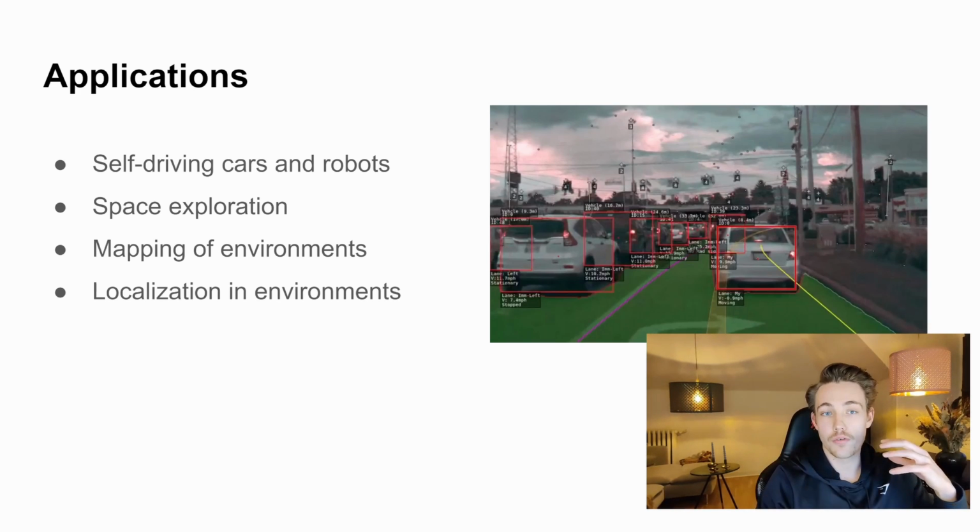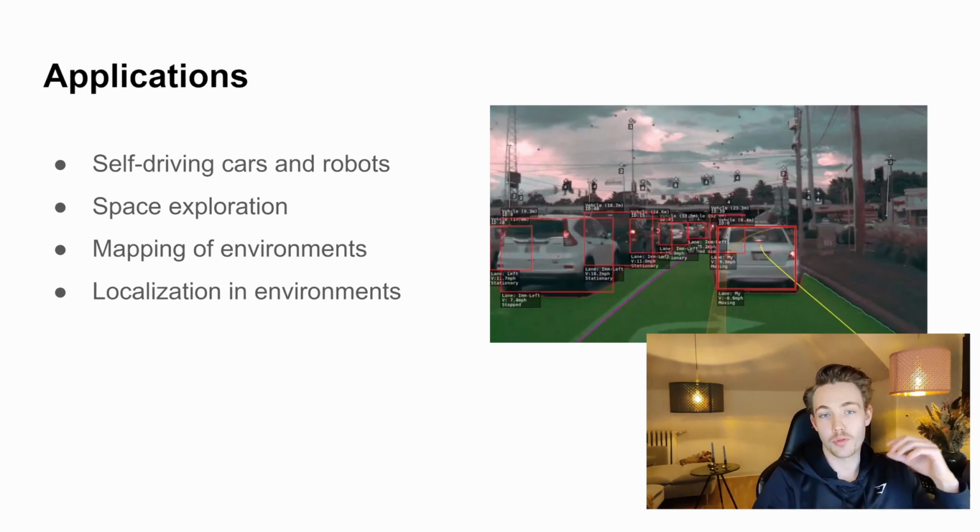So if we put a robot on Mars, we might have a camera attached to it, so we can do visual odometry and navigate around in the environment. It can also be used for mapping of environments. We can have a robot driving around in a warehouse, doing visual odometry, trying to see where it can reach in that actual environment. So we can use it both for mapping environments and also for localizing the robot.